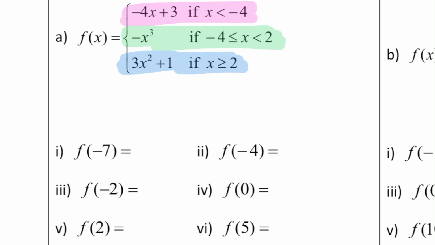And so when I look at the questions being asked below, -7 is less than -4, and therefore it's from the pink section.